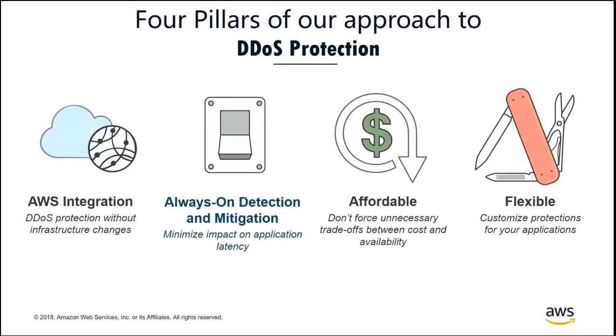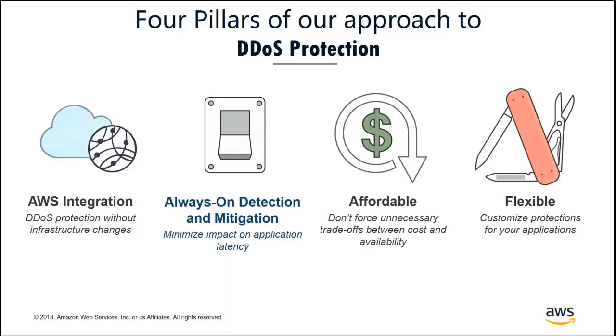One of the things that's important with AWS Shield is that we wanted to make sure it integrated directly with the services you use to build your application. So it's tightly integrated with things like ELB and EC2, Amazon CloudFront, Amazon Route 53, and you can continue to define your infrastructure as code and maintain your protection footprint. It's always on for both detection and mitigation, so you don't have to worry about responding to events or asking, we launched a new title, we have a new game server rollout, is that protected or not?